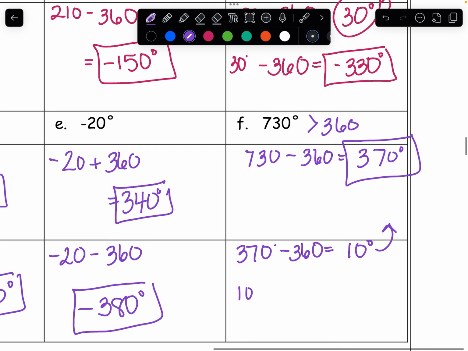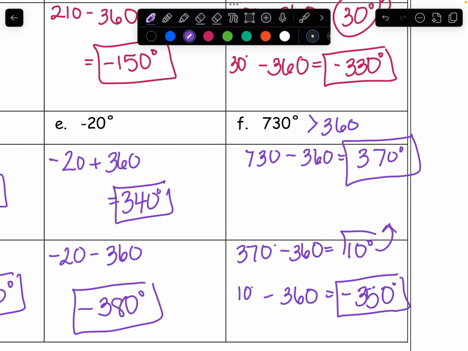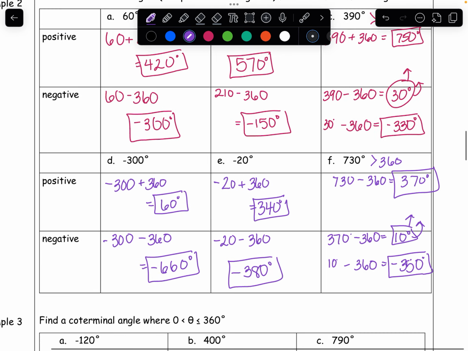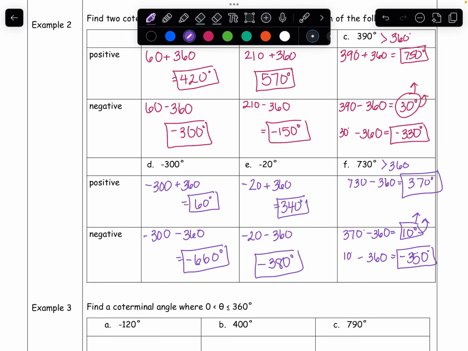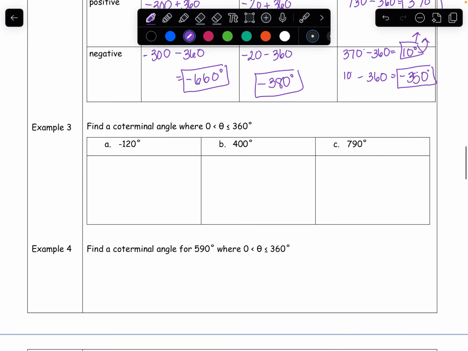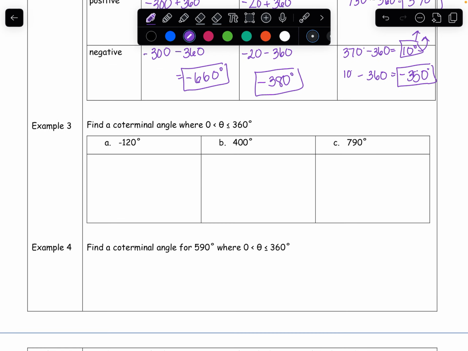So we have to now take that angle and subtract 360, which will give us a negative degree. And technically, you could have 370 degrees or 10 degrees and still get full credit because it's still a coterminal angle.